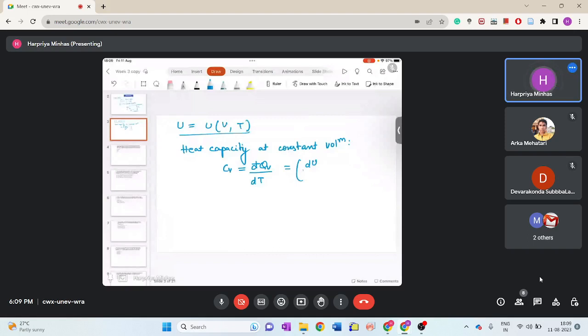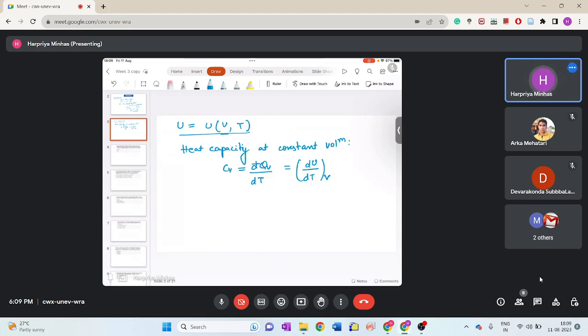After differentiating these terms with respect to the volume and the temperature, each in one step, and then reducing at a constant volume, we get dU upon dT at constant V.